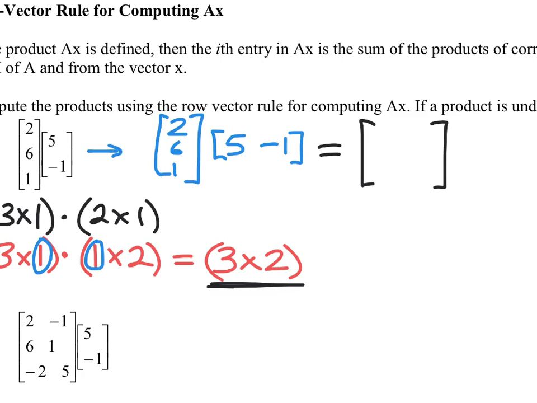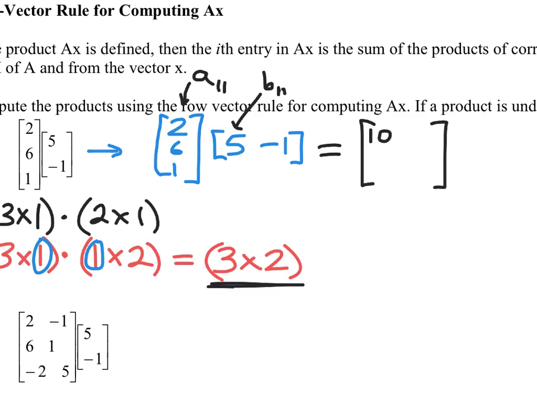So 2 times the 5, 10. That first entry is easy enough. Now the second entry, okay? So this is A sub 1,1 and this is B sub 1,1.